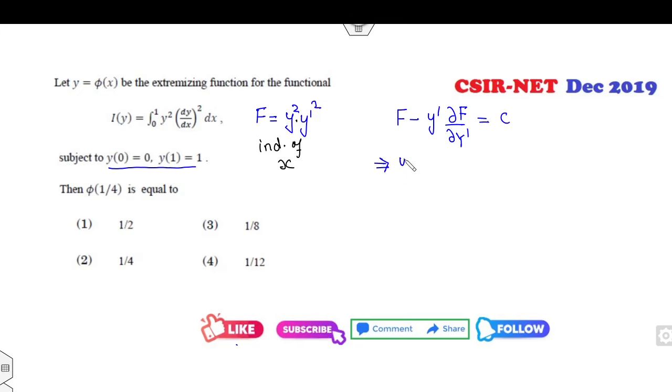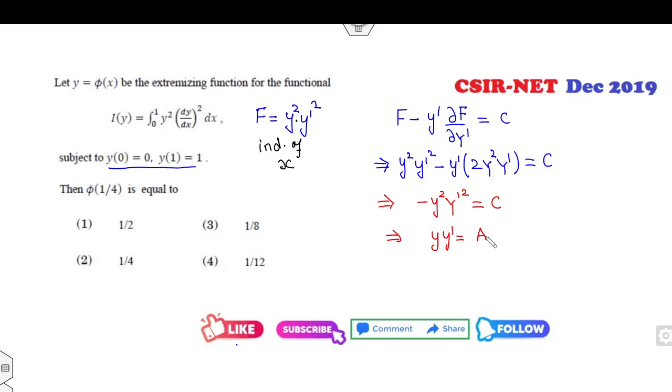So I can substitute the value of y square, y dash square minus 2 times y square, y dash square is equal to constant. So what is the value of this? I can say it's minus y square, y dash square is equal to constant. I can take a minus on the right hand side, another constant, put them as a square root, again a constant. This is called a.